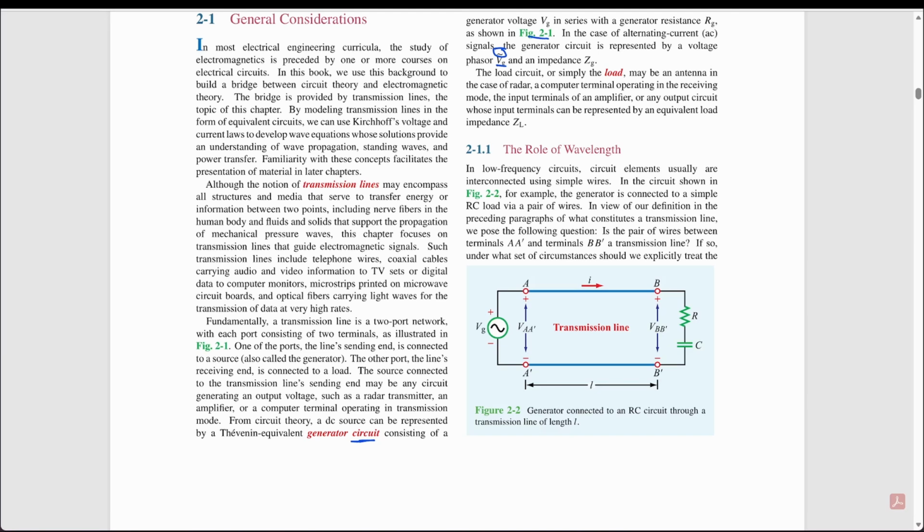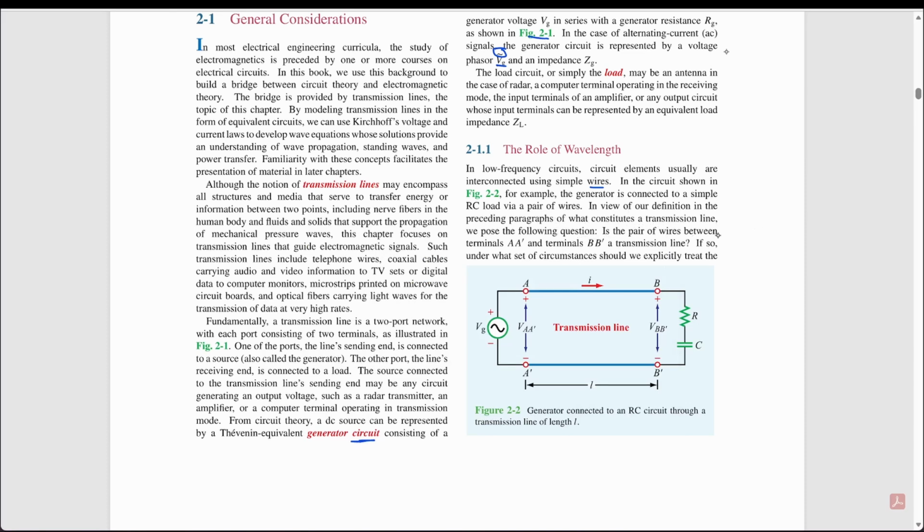So when can we use the transmission line model, or why use a transmission line although we have the normal circuit model? In low frequency circuits, circuit elements usually are interconnected using simple wires. In the circuit shown in figure 2.2, for example, the generator is connected to a simple RC load via a pair of wires. In view of our definition in the preceding paragraphs of what constitutes a transmission line, we pose the following question.